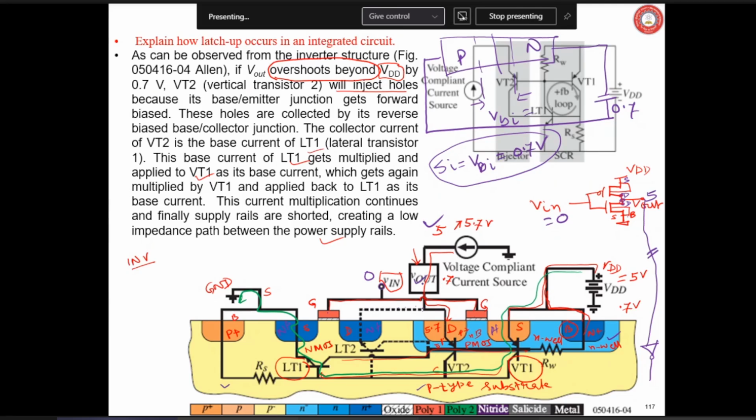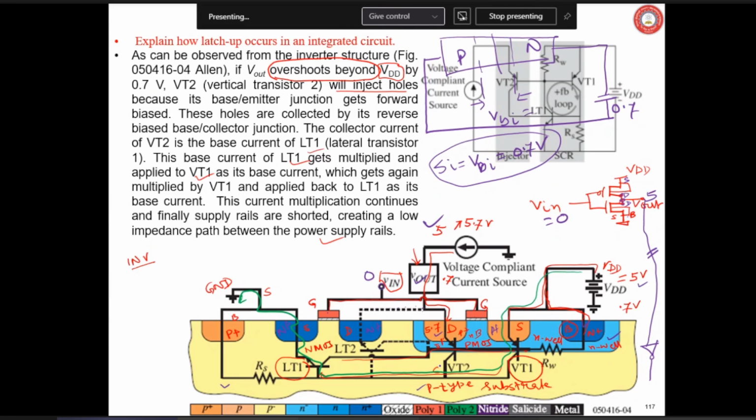So this output line, here I am showing the output line, may overshoot by 0.7 volt. From 5 volt, it becomes 5.7 or 5.8 volt. Suppose this happens, then what will happen? This P plus region is at 5.7 volt, whereas the N well is connected here at 5 volt.